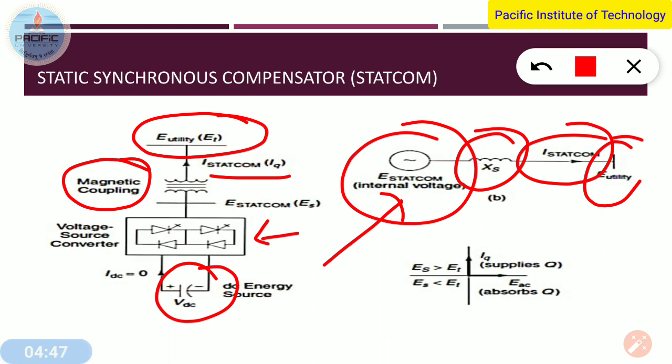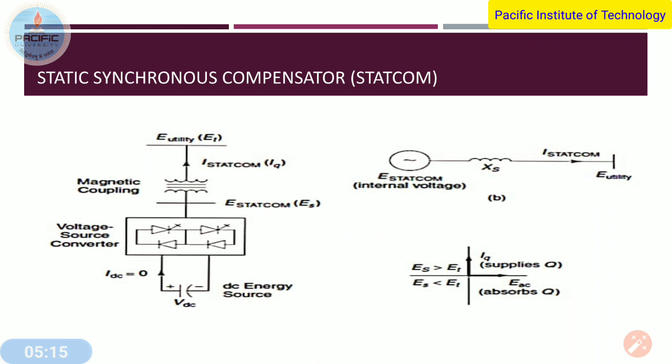Now remember, when the STATCOM voltage is greater than the transmission voltage, it supplies reactive power, and whenever the STATCOM voltage is less than the utility voltage, it absorbs reactive power. So in this case it will be a source, and in this case it will be a sink of reactive power.